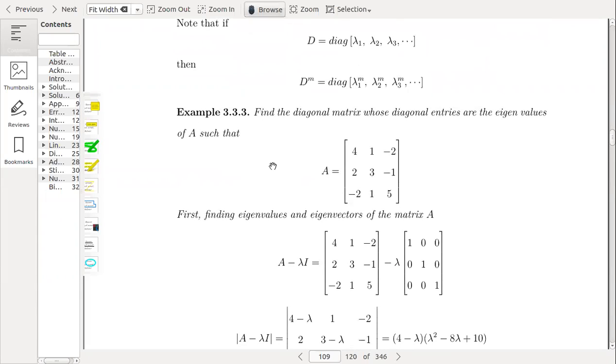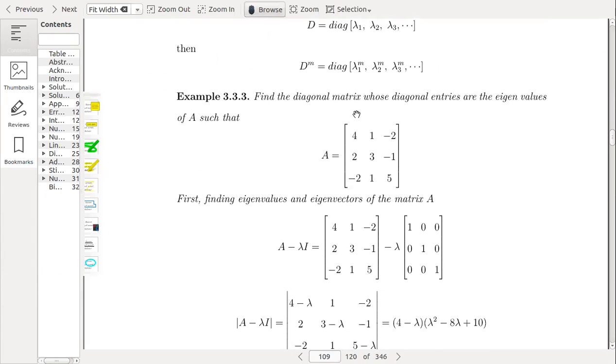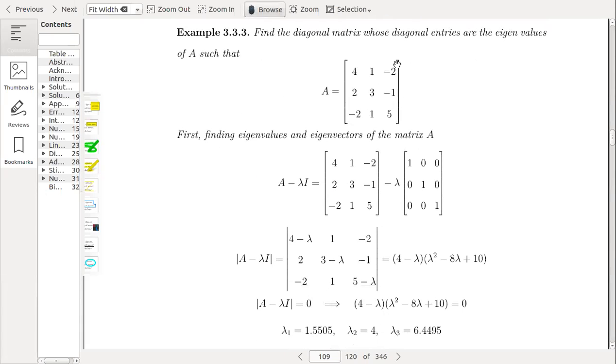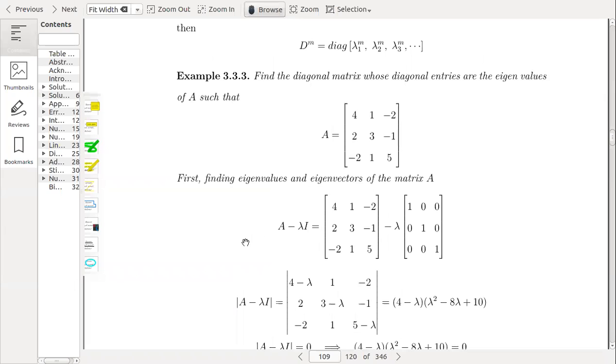Next example: find the diagonal matrix whose diagonal entries are the eigenvalues of matrix A, where A is equal to [4, 1, minus 2; 2, 3, minus 1; minus 2, 1, 5].